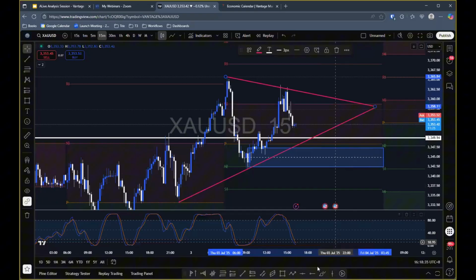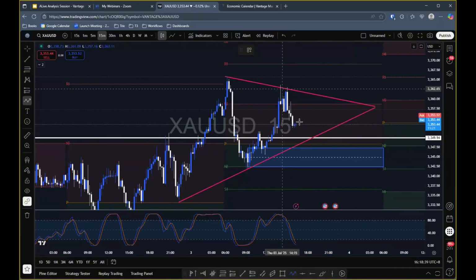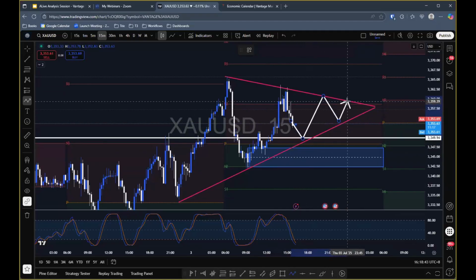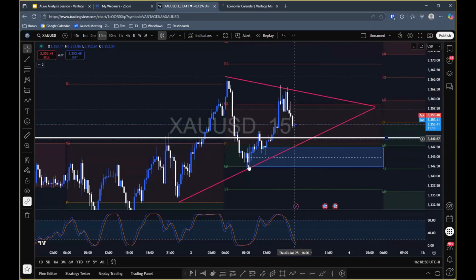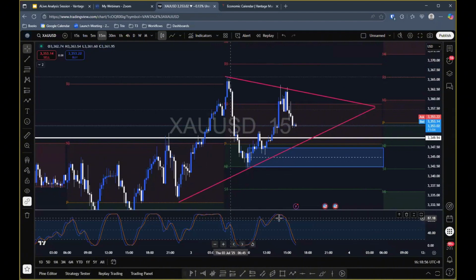When I say triangulation, this means that sellers are taking their profits short, buyers are taking their profits short, and then you wait for the breakout before moving in the direction of the breakout. But this is going to be protected, and this high here is a weak high, right?